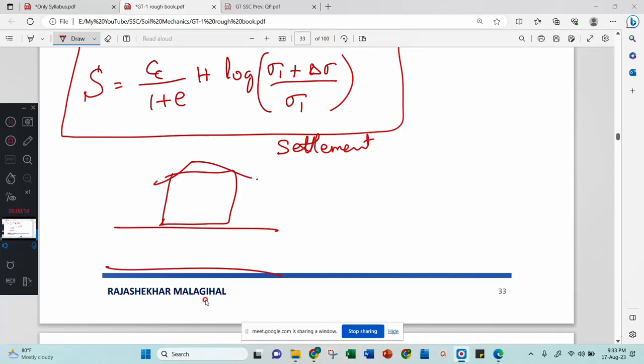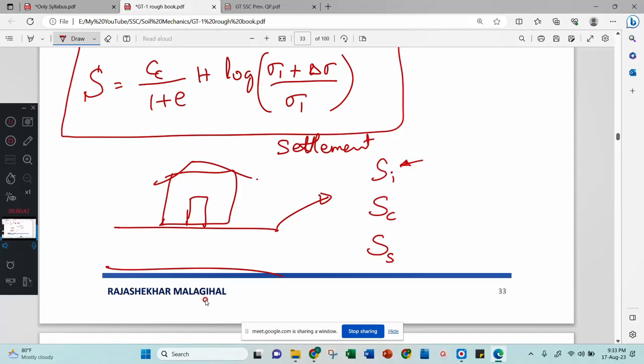Consolidation. Like that, you can give correct answers in interviews. Now, the building is built on the soil, and settlement has happened. Then we have three different types of settlement. The first settlement is immediate settlement. Second is consolidation settlement. Third is secondary consolidation settlement. Right?